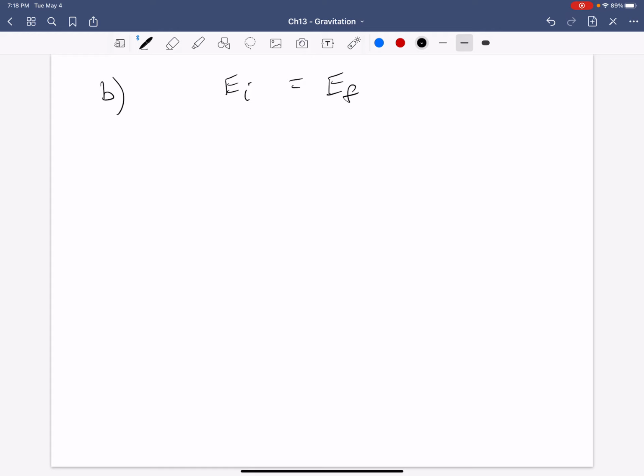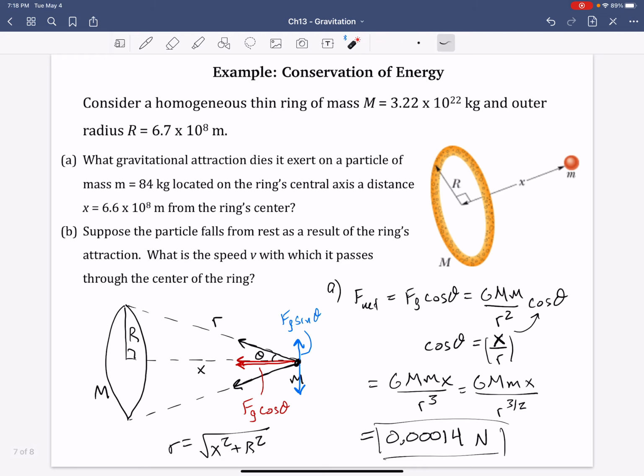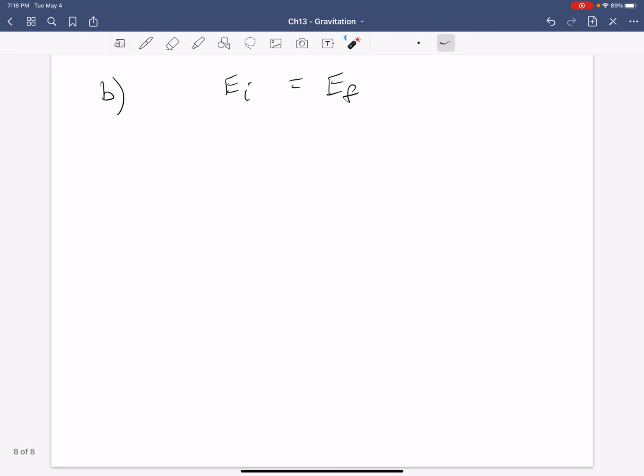Again, these are considerable distances and the force of gravity is not constant. It changes. So initially, kinetic energy is 0. It starts from rest. So there is no kinetic energy initially, but there is some gravitational potential energy initially.